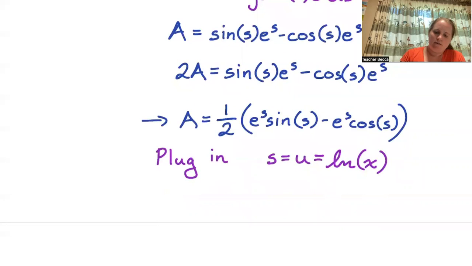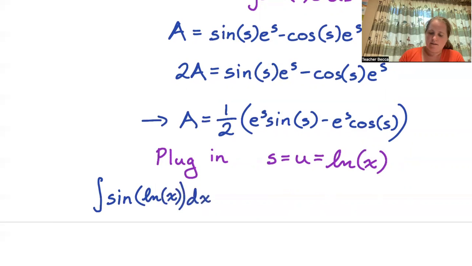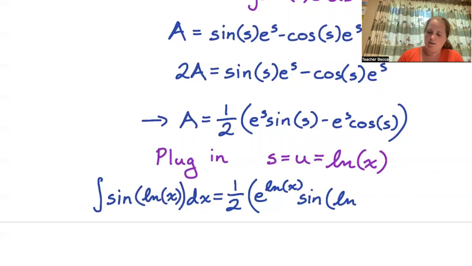So we have the integral of sine of x, sorry, sine of natural log of x dx is equal to 1/2 times e to the natural log of x times sine of natural log of x.